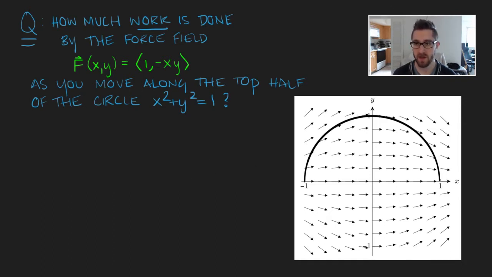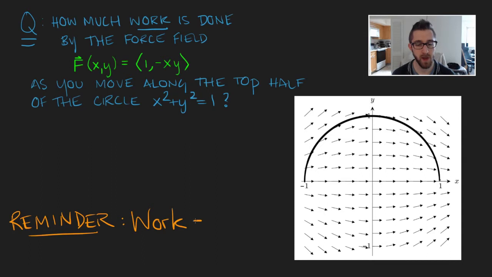this vector field? Just as a reminder, we computed work a while back when we were talking about vectors for the first time by taking the dot product of a vector that was describing a force and a vector that was describing a displacement. But the important thing to note is this only works if the force is constant.